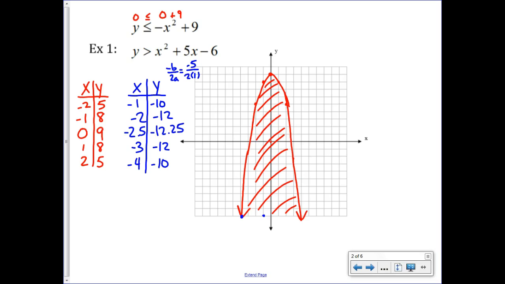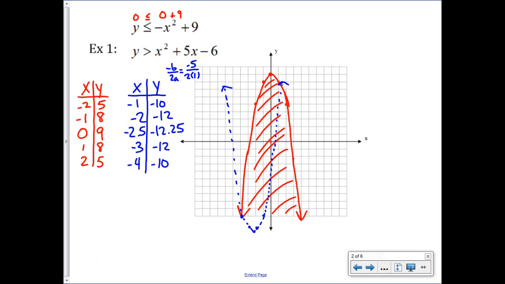Negative 2 is at negative 12. Negative 3 is at negative 12, and then negative 12.25. So I'm going to dash this, and you can come up with more points if you like. And again, make it go all the way up that graph.